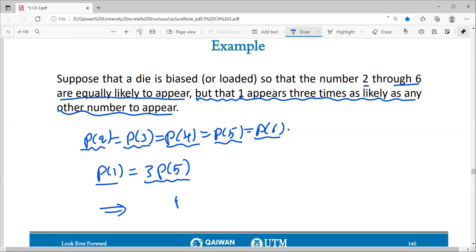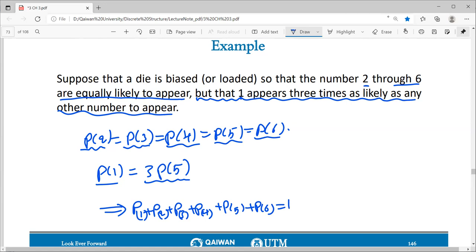Here we say P1 plus P2 plus P3 plus P4 plus P5 plus P6 is 1. It must be 1 because the sum of all probabilities must be 1.